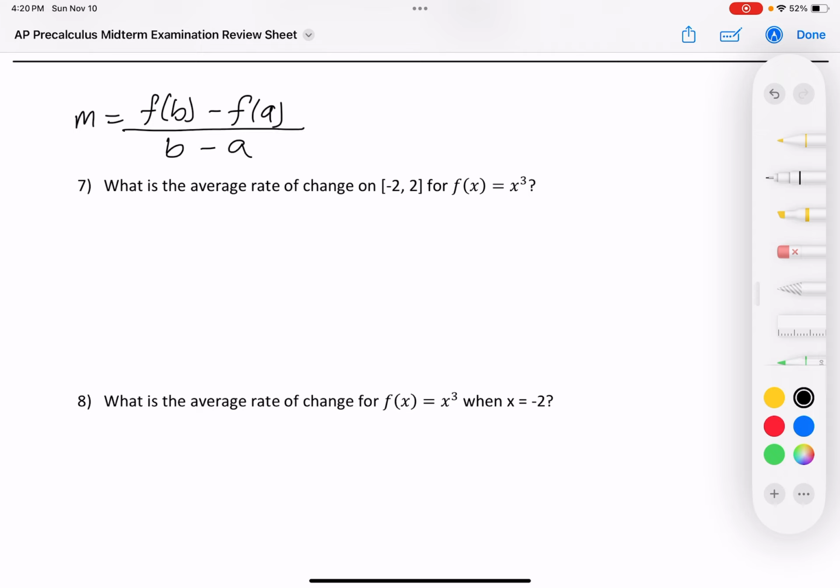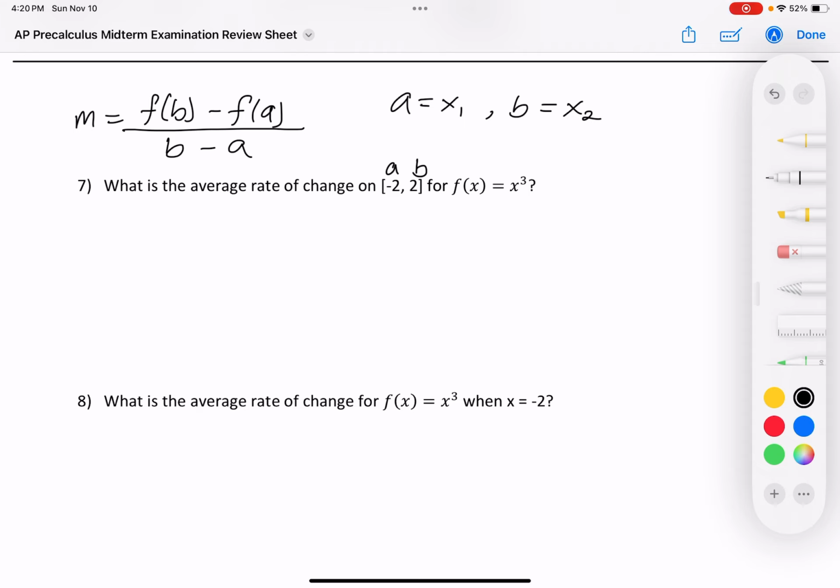Remember, a and b are x values. A is the first x value, b is the second x value. So let's label our a, which is -2, and our b, which is +2.